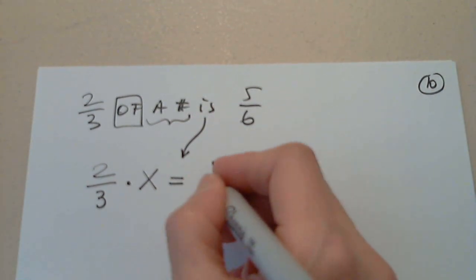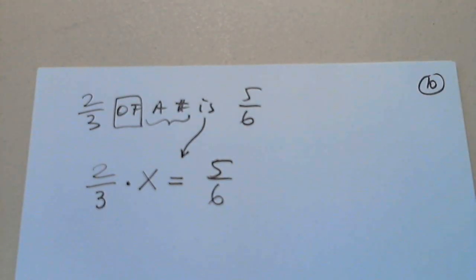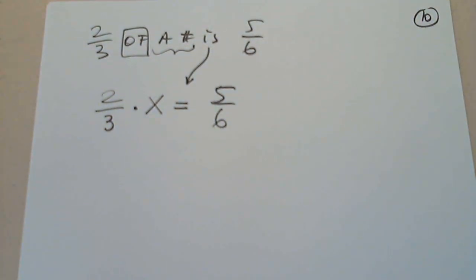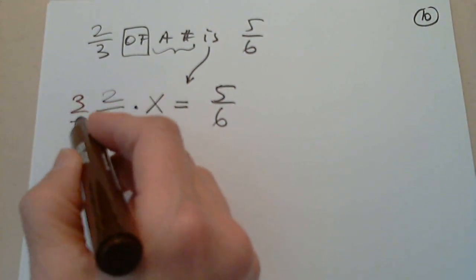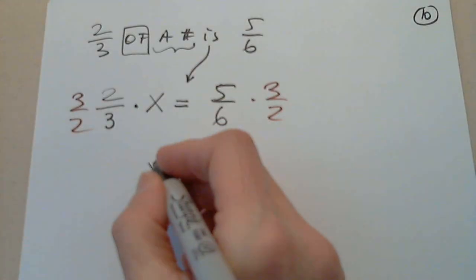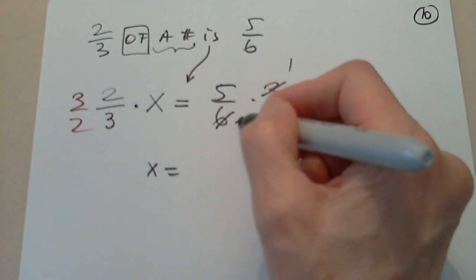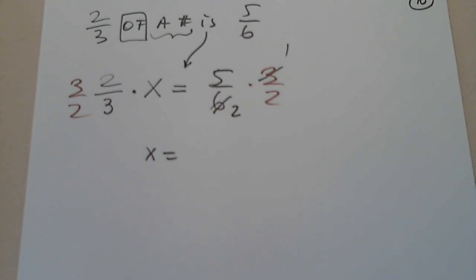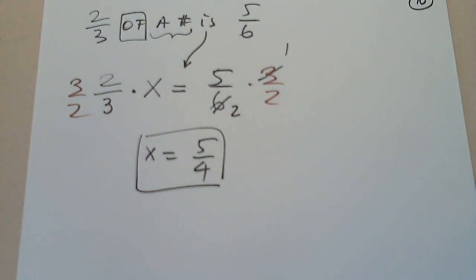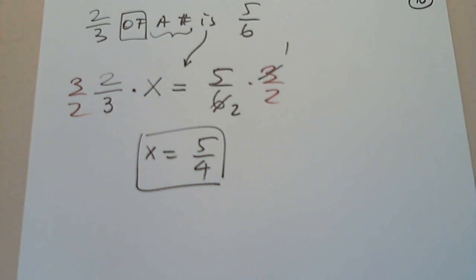Equals 5/6. That's it. Perfect. What will I multiply both sides by? 3/2. Don't forget both sides. Otherwise, you're not going to get the correct answer. So then x equals, of course, I will simplify always, and I get 5/4. Good.